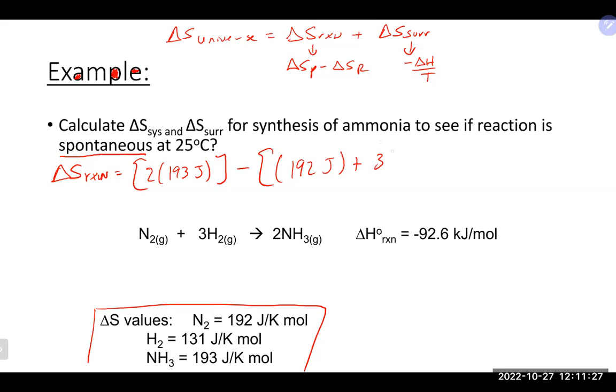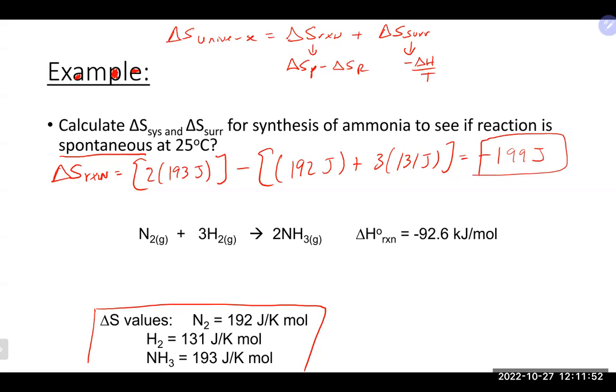So that's 3 times 131. And that's going to give us here, looks like minus 199 joules, right?